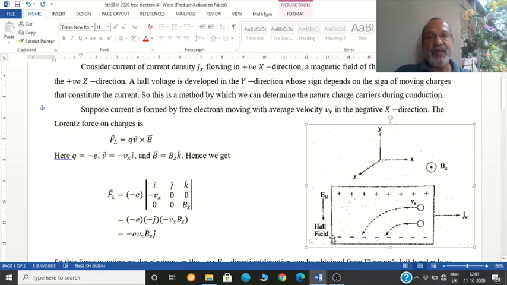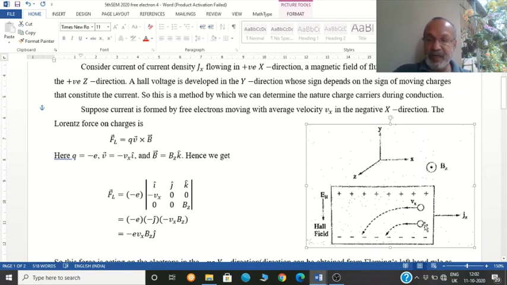Now let us come to the theory of Hall effect. Let us assume that this is a metal in which the free charges are free electrons. So electrons are movable charges. If current is in the positive x direction, since the charge of the electron is negative, electrons are moving in the negative direction.